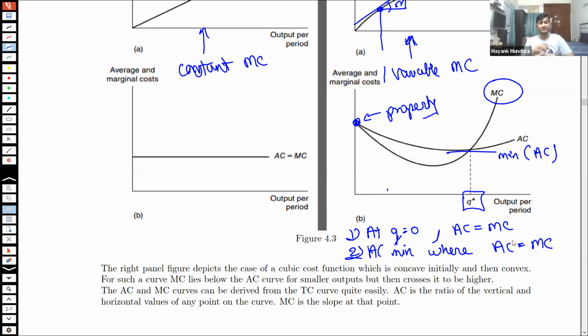So when the two costs become equal, that is where you have the minimum average cost. Now, why is this property true? So I'm saying that average cost will have a slope 0 here at Q star. That is, till Q star, average cost is going to be reducing. After Q star, average cost is going to be increasing.